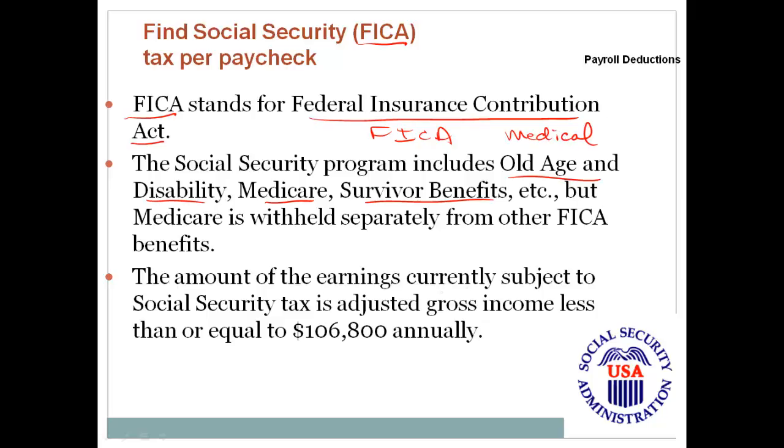The amount of the earnings currently subject to Social Security tax is adjusted gross income less than or equal to $106,800. So what that means is if you are one of the fewer people who earn more than $106,800, you don't pay Social Security on any amount over that. You just pay on the first $106,800 that you make.